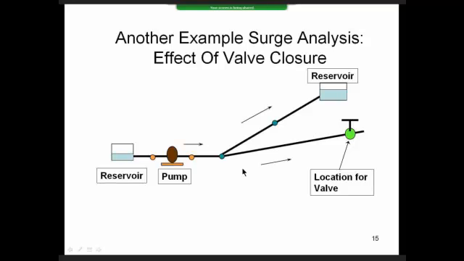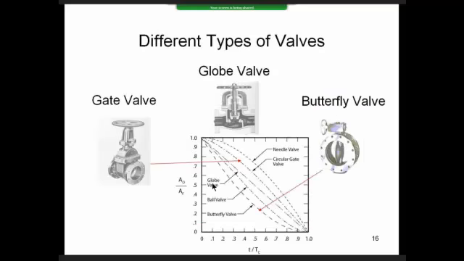So we're going to close this valve, and when we do that, the pump will pump water only to this elevated reservoir, whereas prior to closing it, it's going through to the reservoir and to the valve. So we intuitively would know if we close that valve that the total amount of water that's being pumped would decrease a little bit, and the pump would go back on its curve and produce a little higher head.